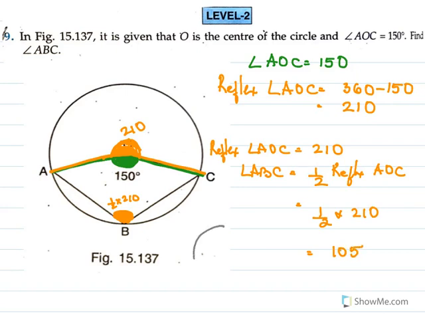Just to recollect, here we have a circle. This angle here is connected with this angle. This is x, this is 2x.